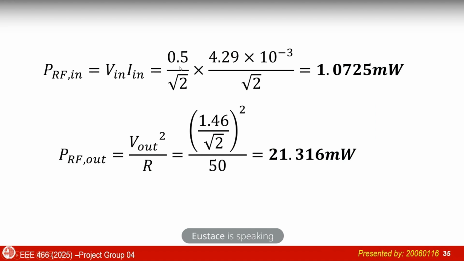From that we get input power as 1.0725 milliwatt, and we also get output power from the output peak voltage converted to RMS, which is (1.46 divided by root 2) squared divided by output resistance 50, which is 21.316 milliwatt.